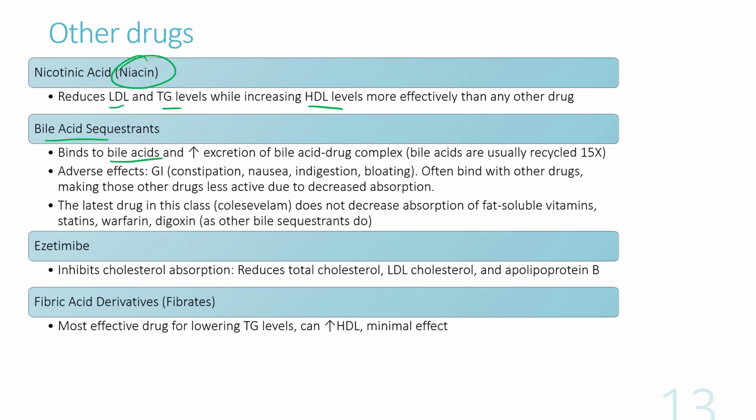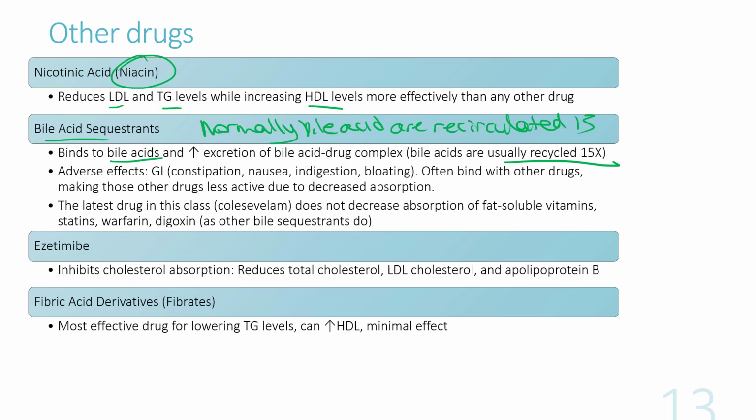And this is important because normally bile acids are recirculated about 15 times, right, over here, before it is actually excreted. So by binding to bile acids and excreting them, it's forced to make new bile acids. And the thing is, bile acids contain cholesterol. So basically it takes cholesterol out of the bloodstream in order to actually synthesize new bile acids.